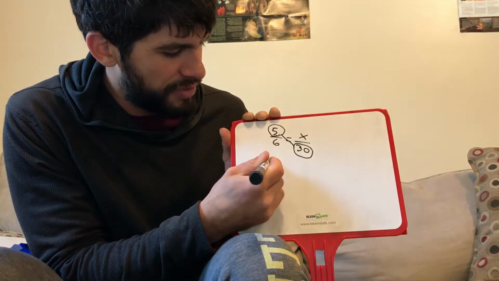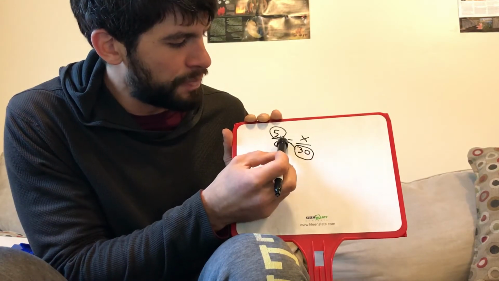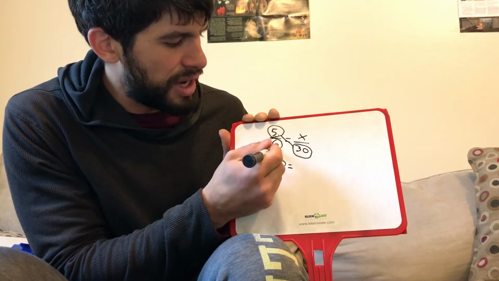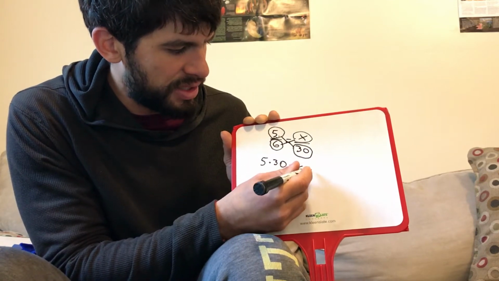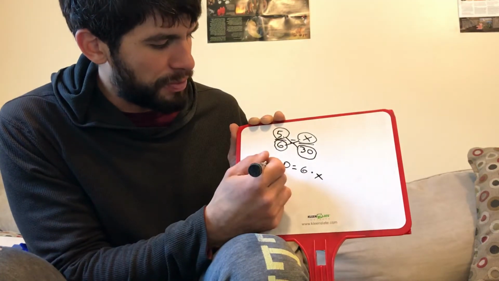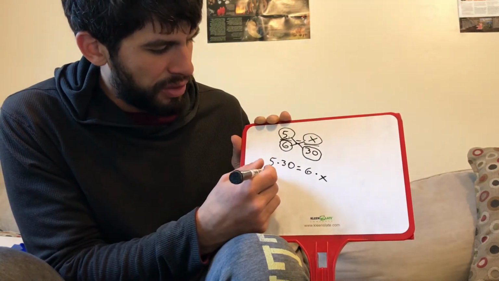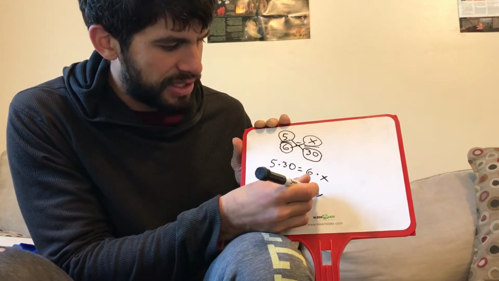So we're going to do 5 times 30. And that has to be equal to 6, which is the denominator of this one, times the numerator of the other one. So 6 times x. If we multiply 5 by 30, we're going to get 150 is equal to 6 times x.